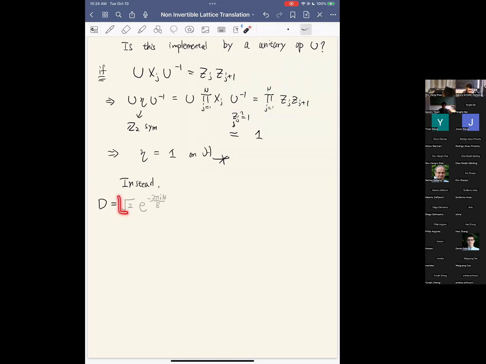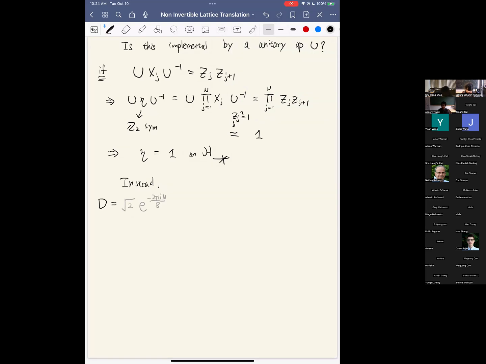I think there's definitely something deep about the root 2, but for the scope of this talk, I will not say too much about it. I'm just going to write down some operator, and as far as the operator is concerned, I have the freedom of rescaling it for my convenience. But that's not going to be the full story, but I'm not going to say too much.